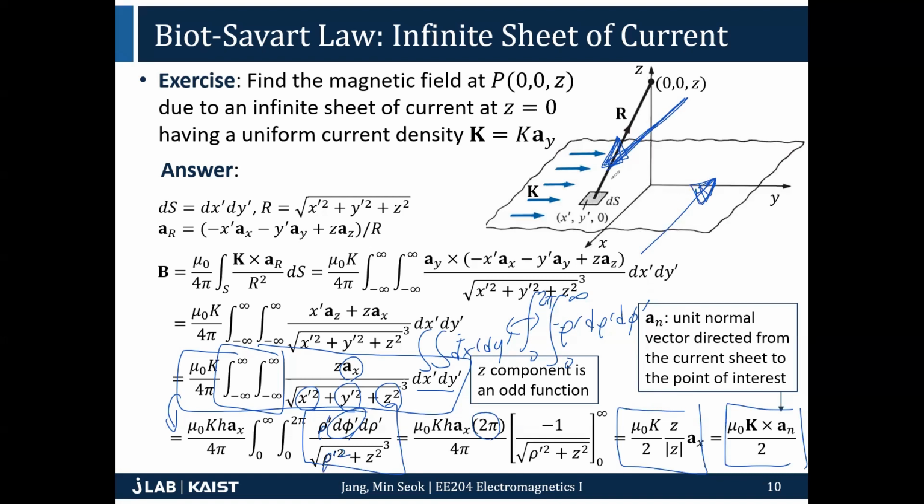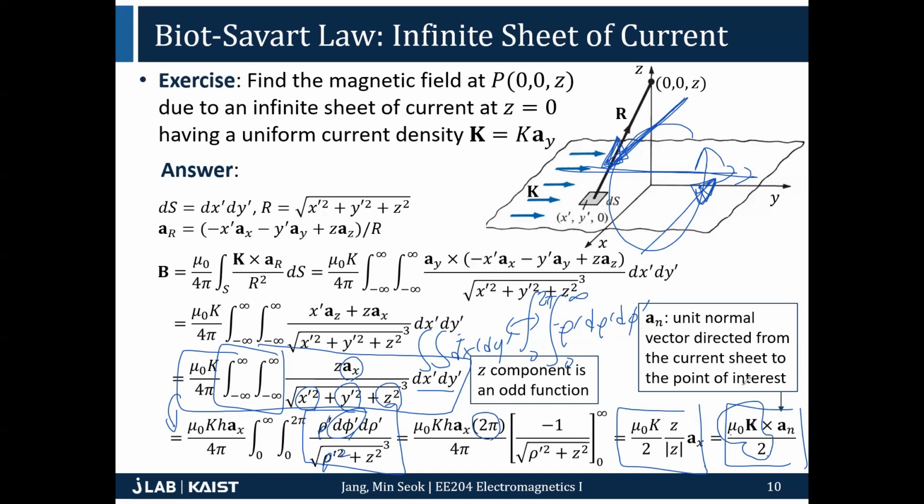Which kind of makes sense because you have a current here. By the right-hand rule, the magnetic field rotates like this, and with a bunch of current lines, above the surface it's the x direction and below the surface it's the negative x direction. The amount is mu0 K divided by 2, which is a very familiar term.